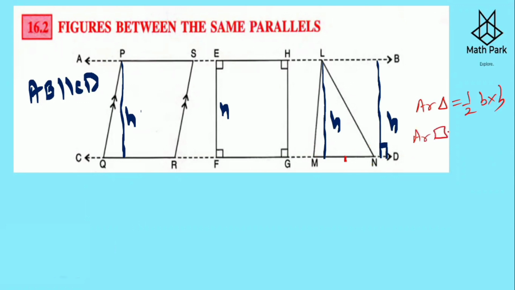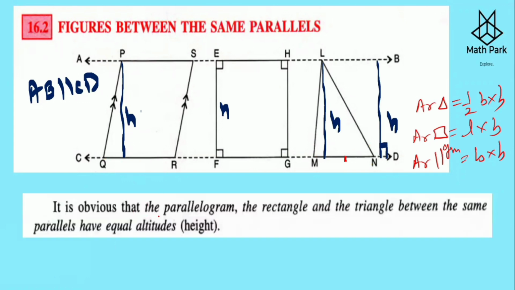Area of rectangle is equal to length times breadth. And area of parallelogram is equal to base into perpendicular height. So QR is the base and this is the perpendicular height. So what we understand here is that the parallelogram, the rectangle and a triangle between the same parallels will have equal height. Got that?